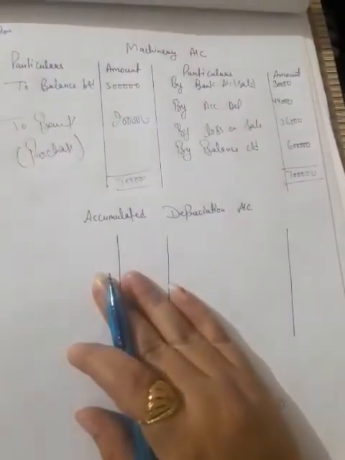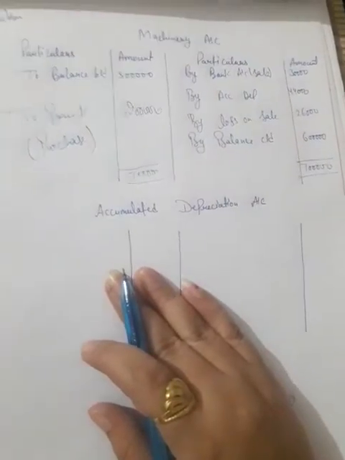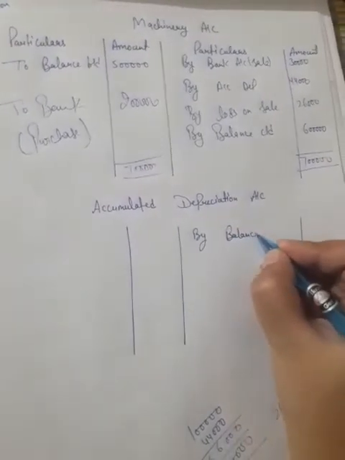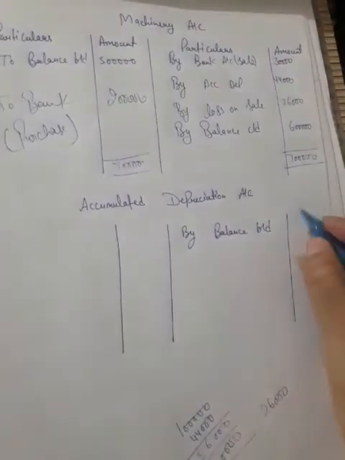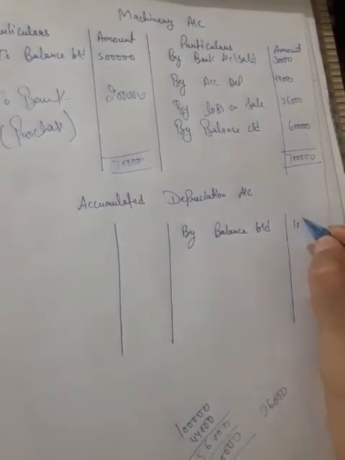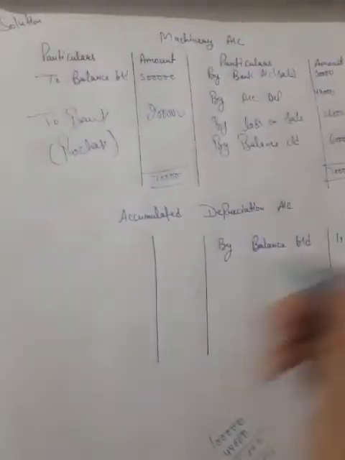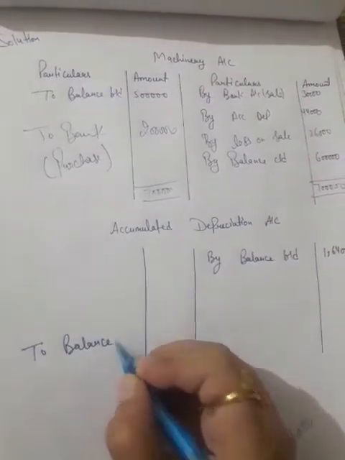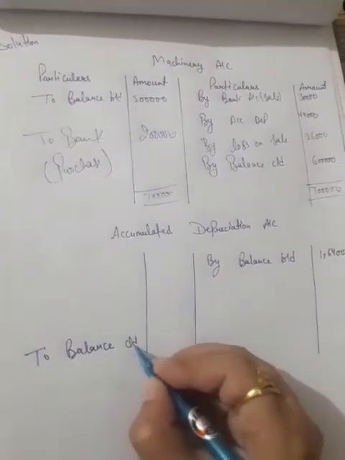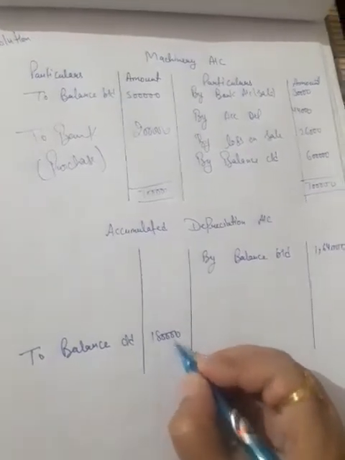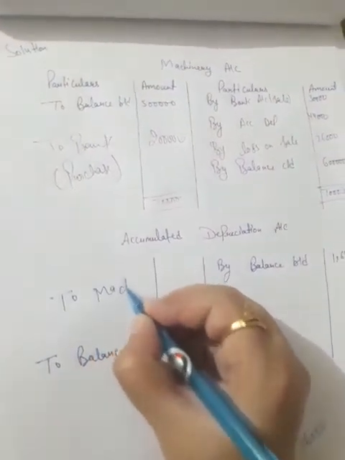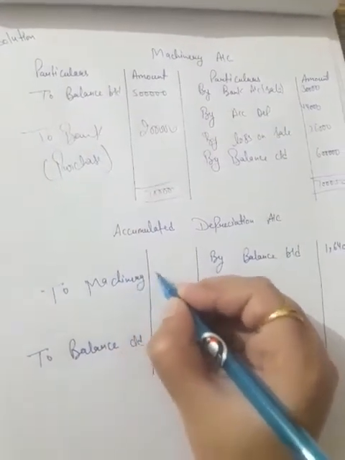So now we will prepare the accumulated depreciation account. The accumulated depreciation account is a liability, so that's why we will start this account with a credit balance. Balance brought down is given in the statement. 1,64,000 is the opening balance and 1,80,000 is the closing balance, and depreciation charge on machinery is given in the statement, that is 44,000.